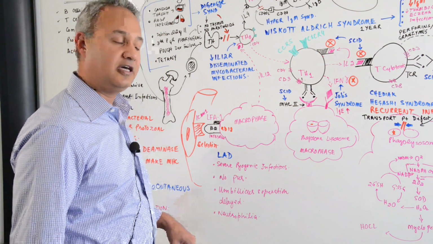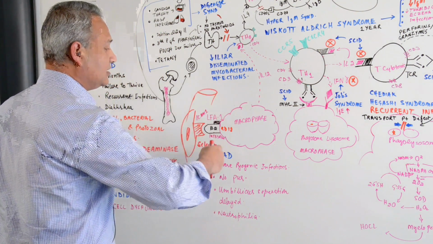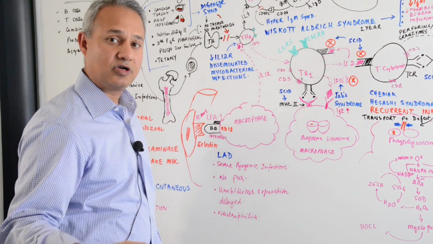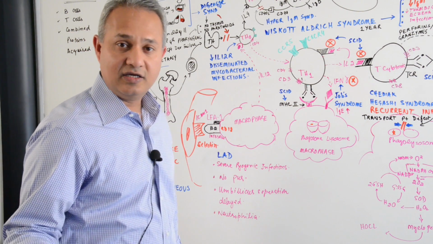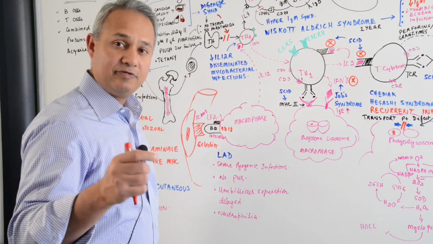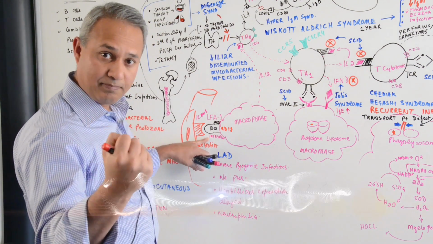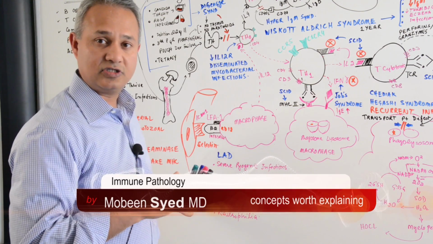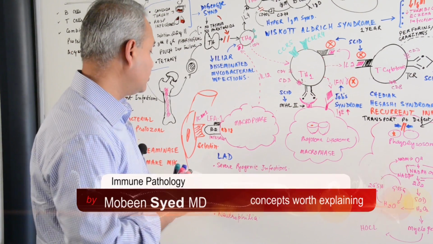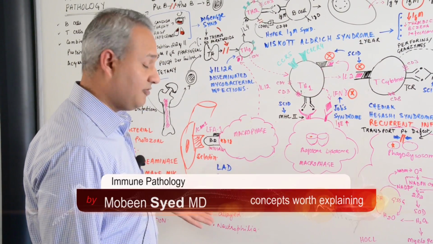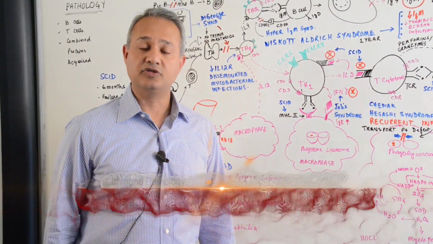Why do you see neutrophilia in this? Because the neutrophils would stay in the blood vessels, they would not go out, so when you measure them in the blood, there will be a lot of neutrophils. However, they are not going to the tissue because they cannot tightly bind and stop, and so they cannot go into the tissue and work. So that is the leukocyte adhesion deficiency, a very, very high yield for the USMLE test.